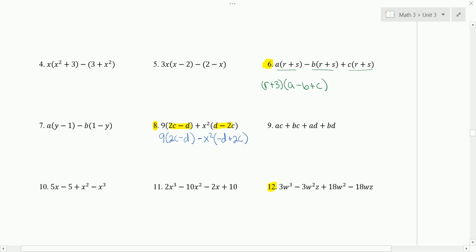Now, although they're not written in the same order, now they match. They both have a positive 2c and a negative d. And so I can divide both of them by 2c minus d. And what's left is a 9 minus x squared. The 9 minus x squared is the difference of two squares, so I can factor that as well, to 3 plus x times 3 minus x.